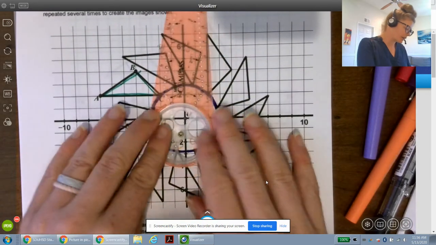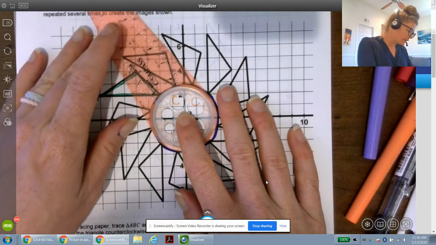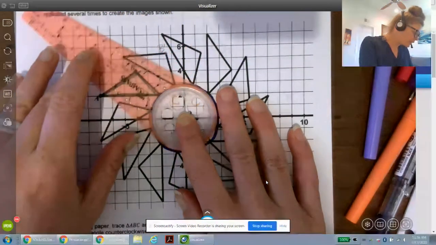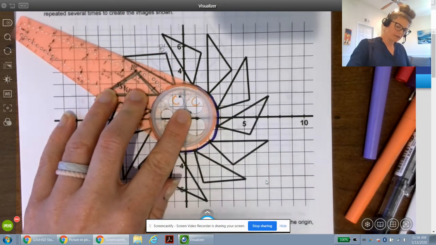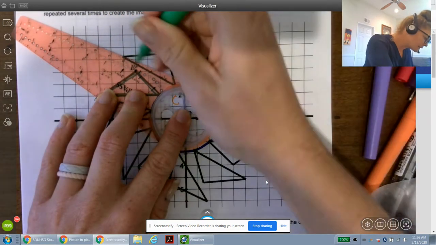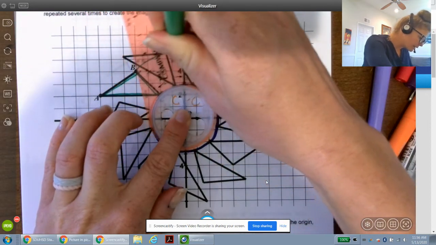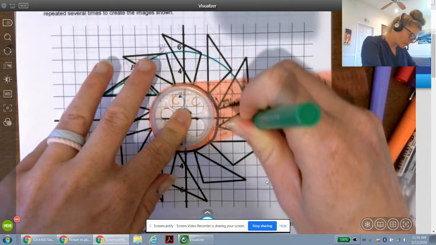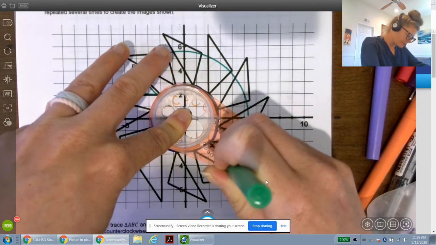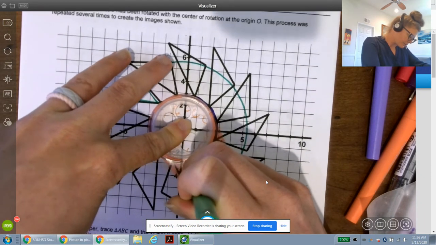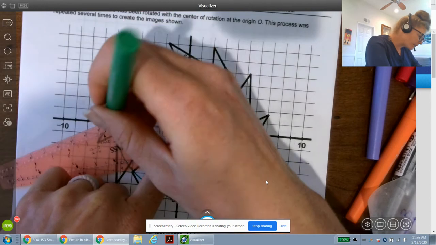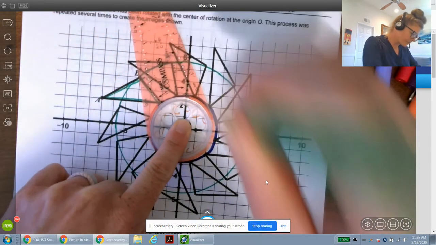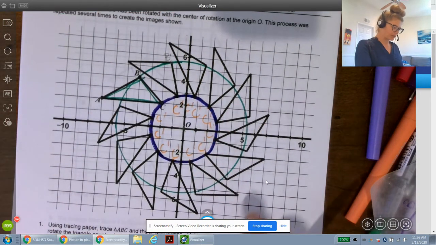So if I took, let's see, that kind of lines up pretty well. If I took this and drew my really nice circle, it should be intersecting pretty much.